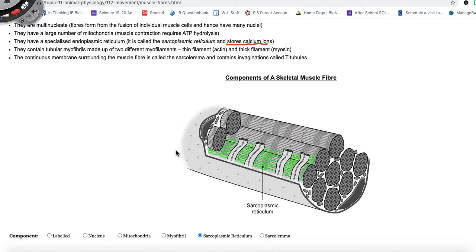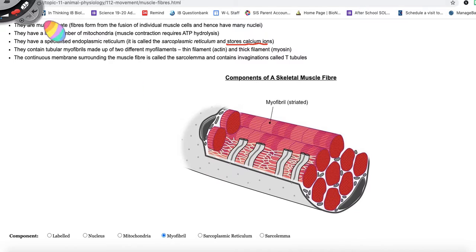And then when we look at the muscle contraction, you're going to see that the tubular myofibrils, let me highlight those, the tubular myofibrils, they're made up of different myofilaments. And it's made up of two different myofilaments, one called actin and one called myosin.